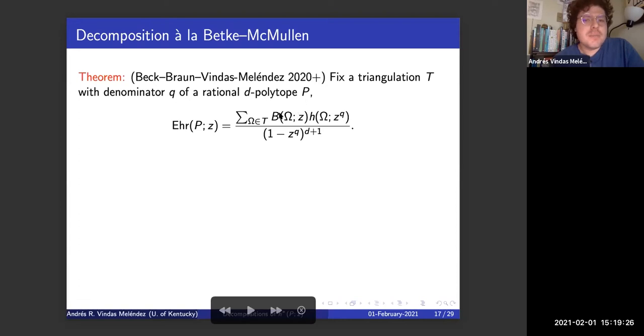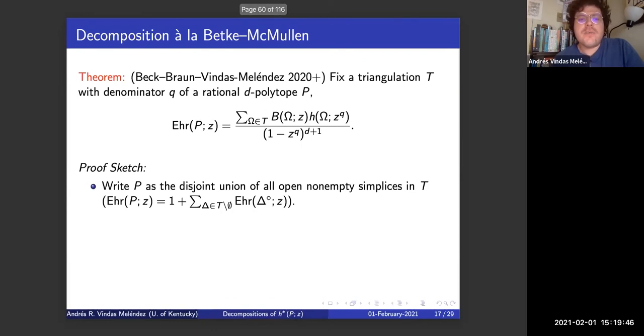And so this is interesting because now this decomposition is telling us, or it's keeping track of, the arithmetic data that's coming from the faces of the simplices and the information that's coming from the integral points. Okay. And so here's a proof sketch of this. So first I take my polytope P and I write it as a disjoint union of all open non-empty simplices in the triangulation. Okay. And so that gives us that our Ehrhart series should be an Ehrhart series pertaining to all these open simplices.